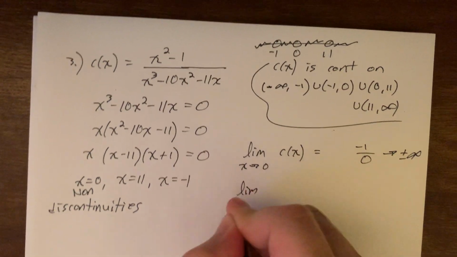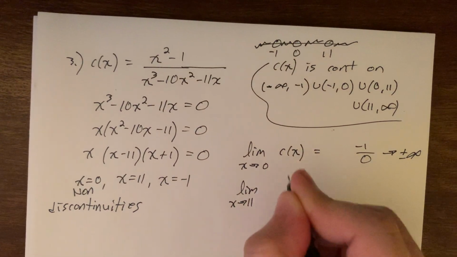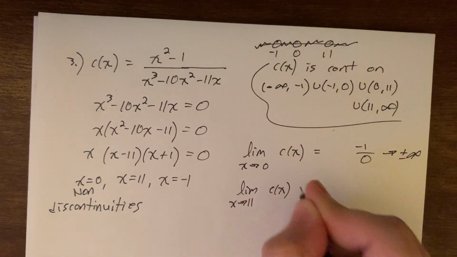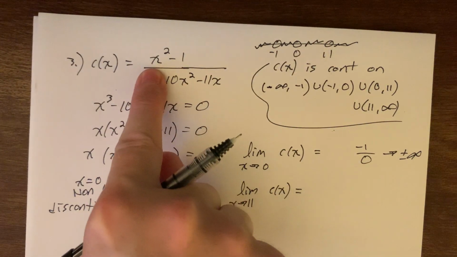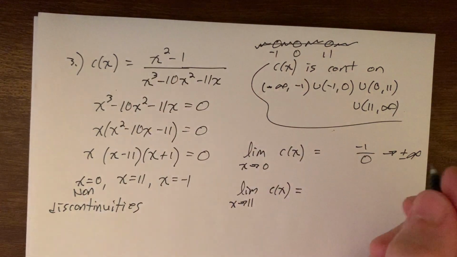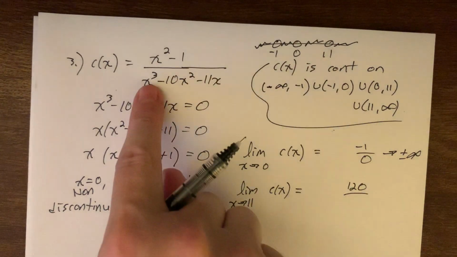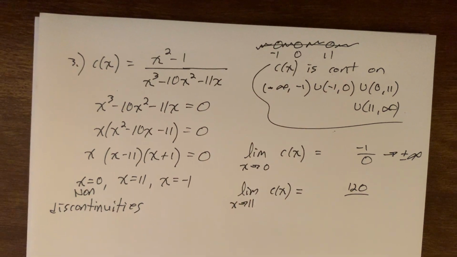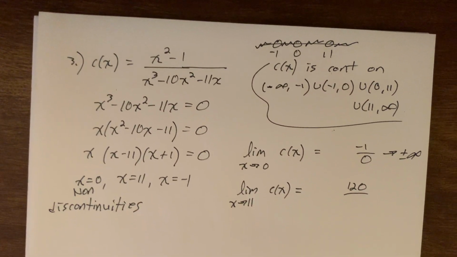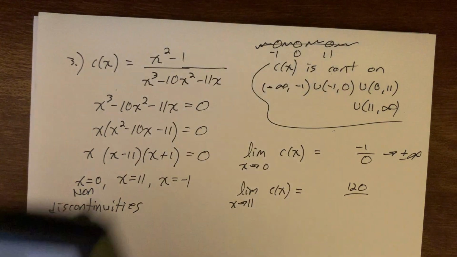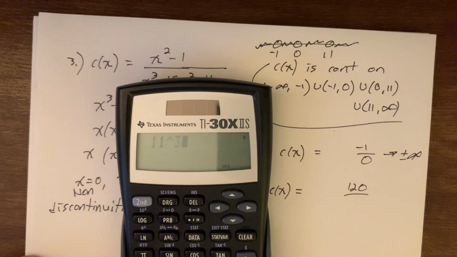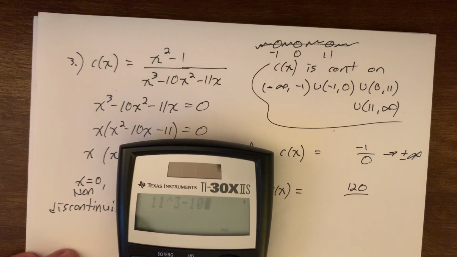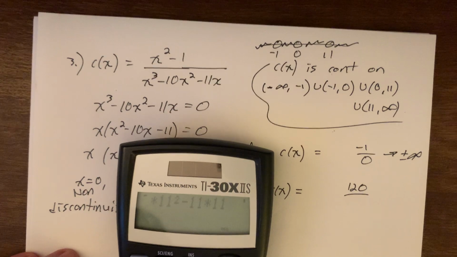Next, I'll let x approach 11. 11 squared is 121, minus 1 would be 120, the bottom. Now I'm going to do a little more work, right? Certainly wouldn't just expect you to know 11 cubed, so I'll pull out my calculator here. 11 cubed minus 10 times 11 squared minus 11 times 11.